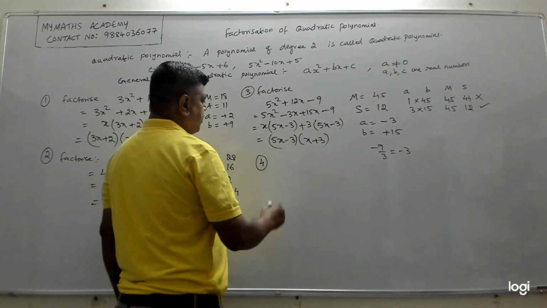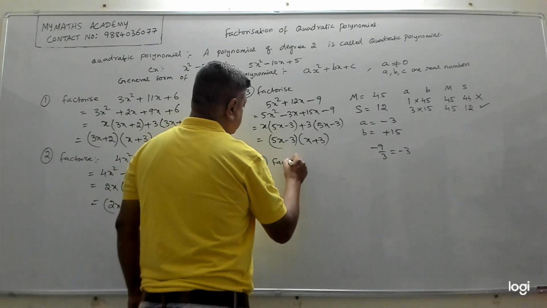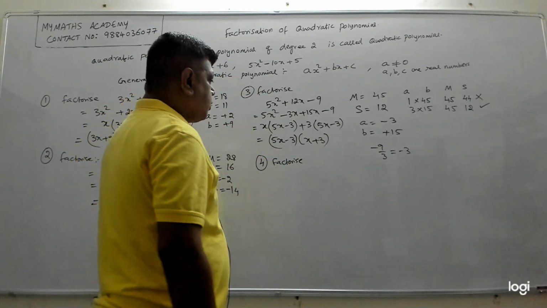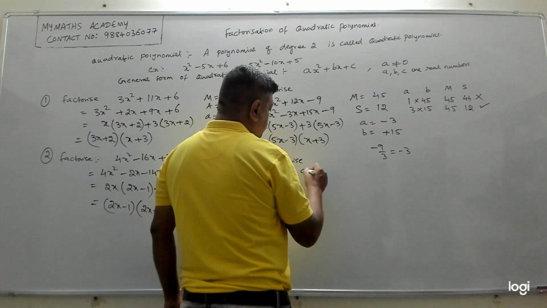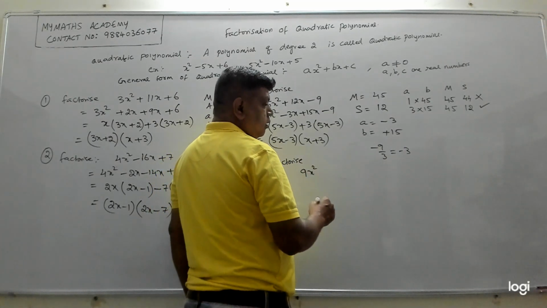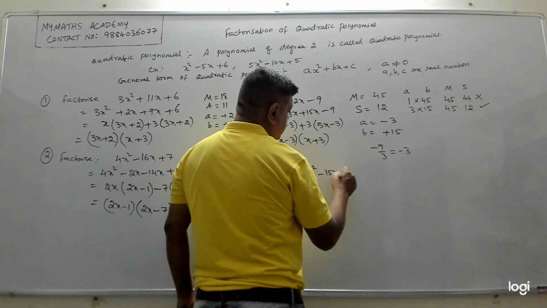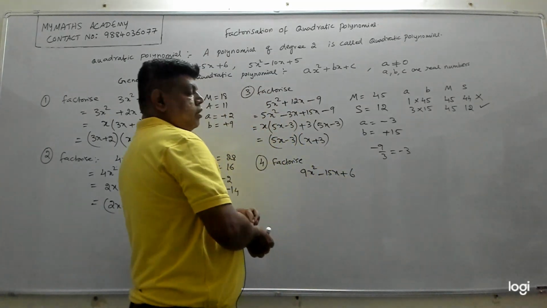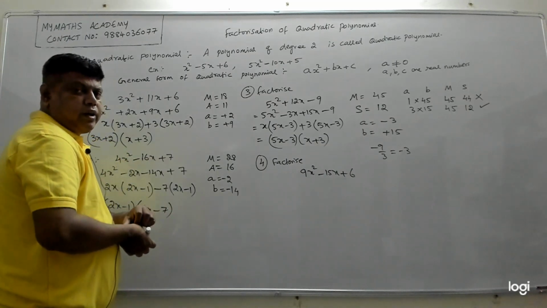Fourth problem. Factorize. The question is 9x square minus 15x plus 6. We want to factorize this.